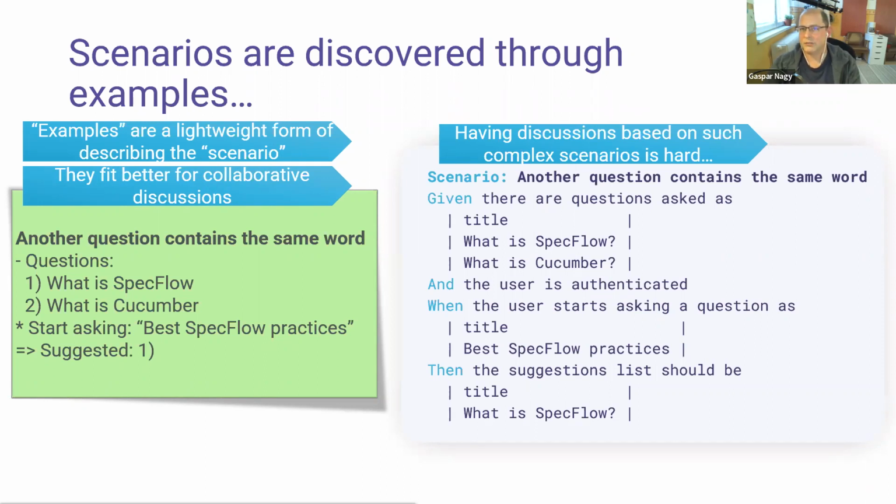Of course, I was just now saying that examples are a lightweight form of a scenario. That would sound like first there were scenarios and then we developed the concept of examples, but actually in history this was in the opposite order. The concept of understanding the requirements with the use of examples existed far before BDD was even considered.